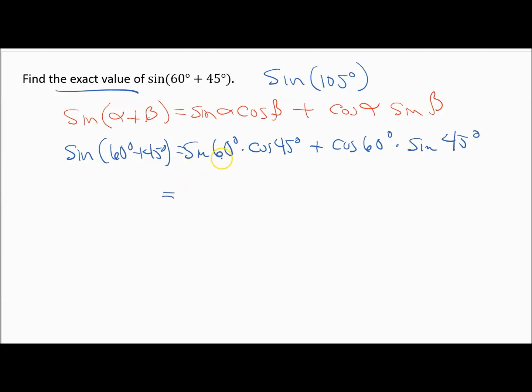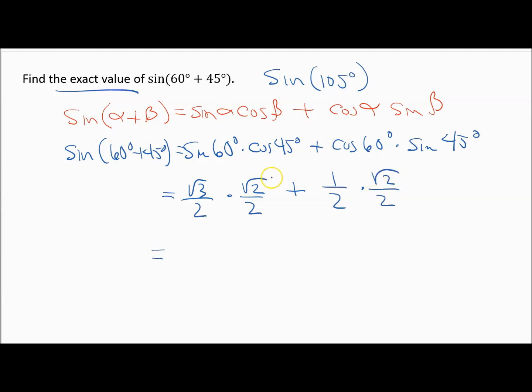Okay, so the sine of 60. So again, from your unit circle, that's the square root of 3 over 2. Remember, sine is a y value in the unit circle. Cosine of 45 is square root of 2 over 2. Plus the cosine of 60, that's the x value at 60 degrees, which is 1/2, times the sine of 45, which is the square root of 2 over 2.